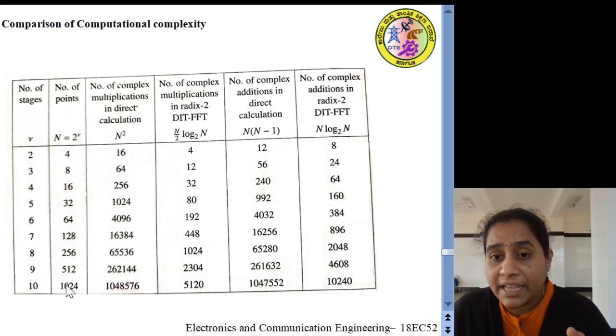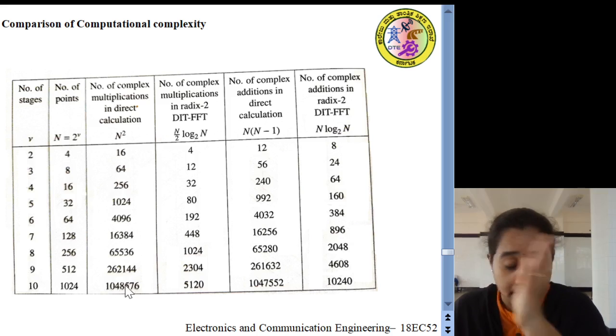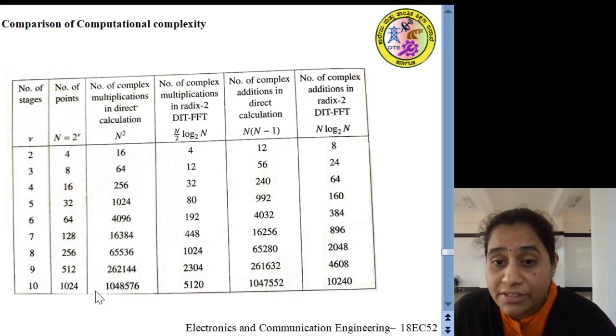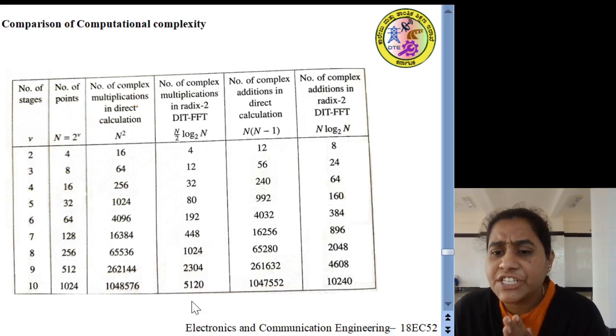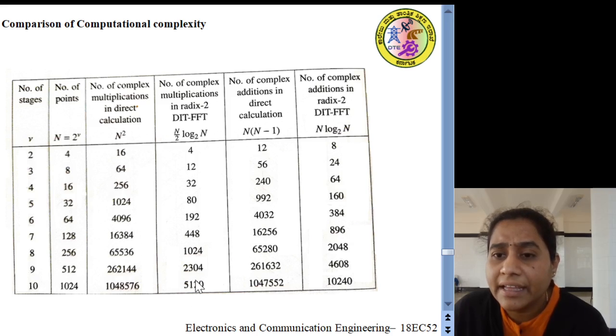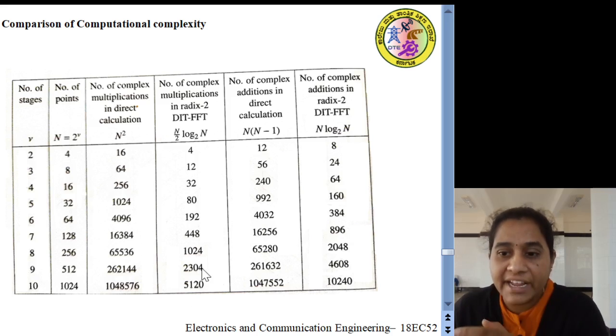If we consider the 1024-point DFT, observe how many there are here: about 1 million complex multiplications in direct computation, but just 5120 in DIT FFT.